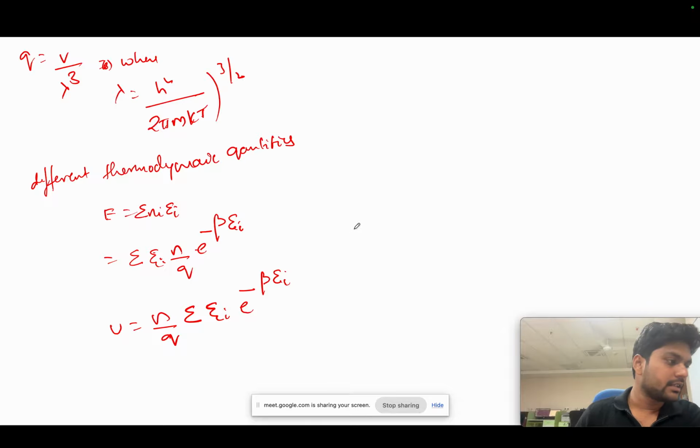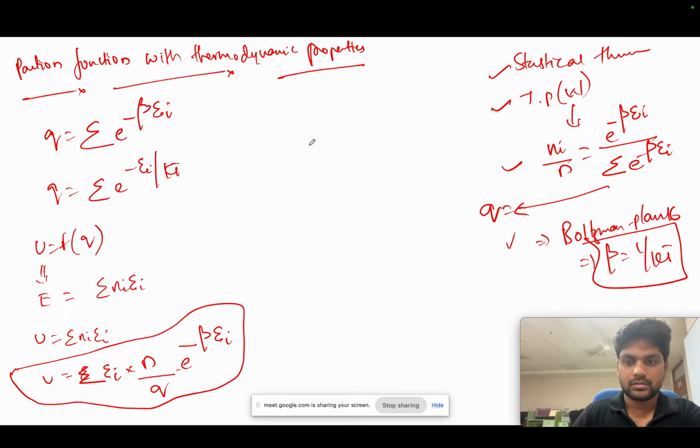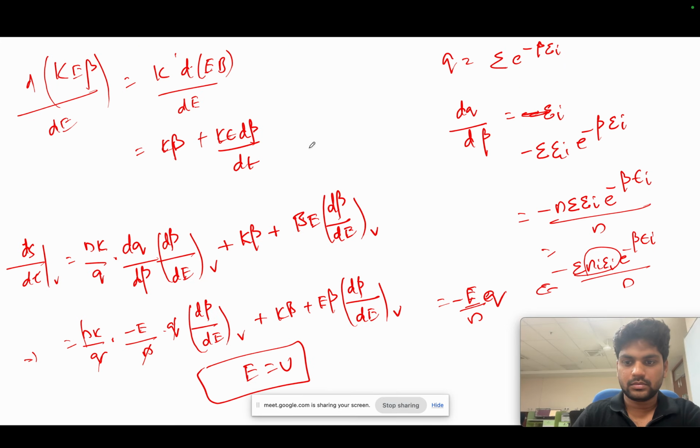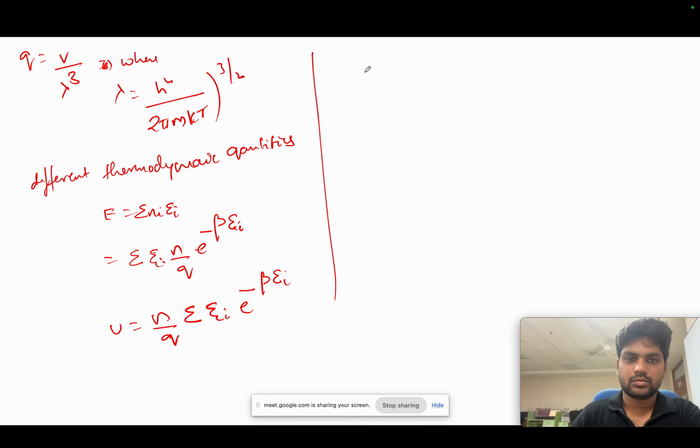Now if I apply the dq by dt here, you can take this formula also. So I am taking E equal to minus n by q d ln q by d beta.